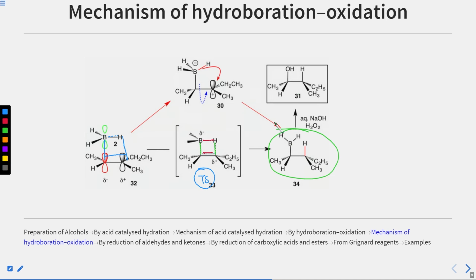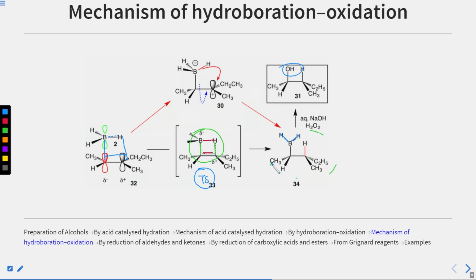But usually that does not happen because this substrate is always present in excess. The same thing will happen with this BH bond also. This BH bond also will go through the same transition state. Similarly, this BH bond will also go through the same transition state. At last, we will just oxidize this and get our OH here.